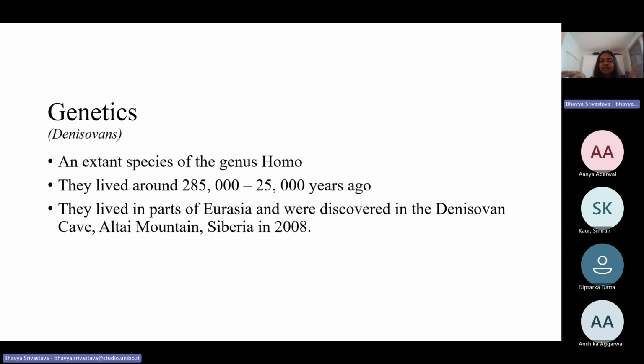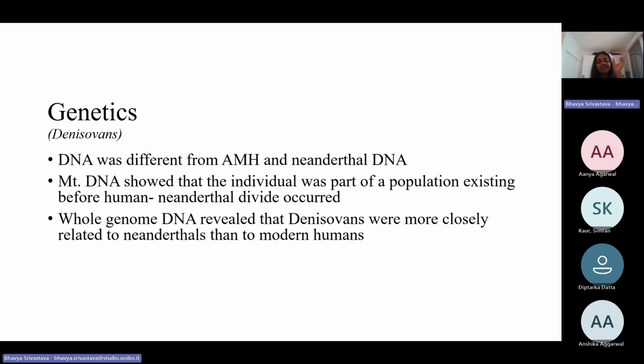It was found in the Denisovan cave of the Altai Mountains in Siberia in 2008, and the Denisovans frequented the Eurasian continents of Europe and Asia. When this DNA sample was compared to the DNA of Neanderthals and AMH, or anatomically modern humans, that's us, the first species of the genus Homo, the mitochondrial DNA studies showed that the population of Denisovans had branched off far before the human and Neanderthal divide actually occurred.